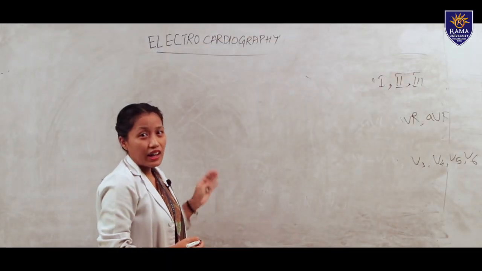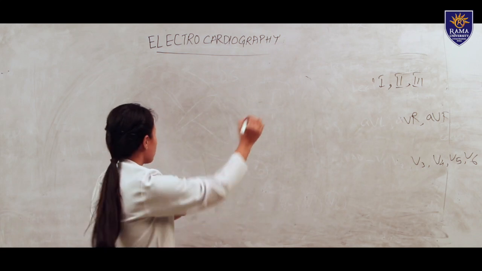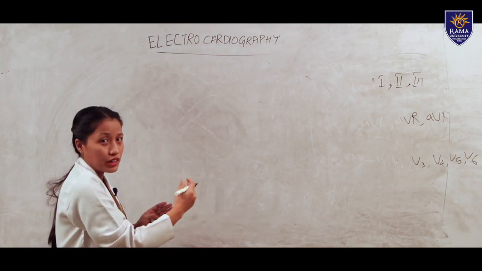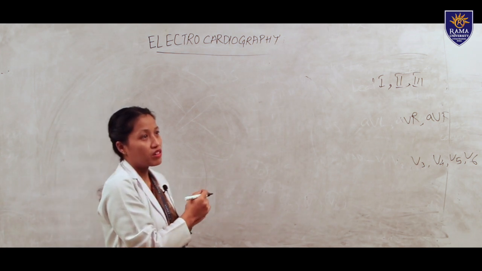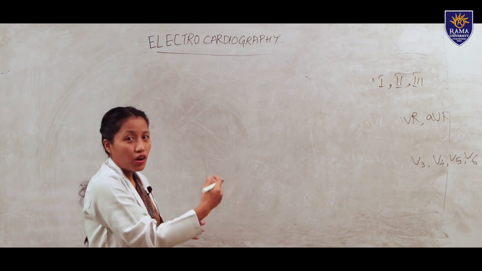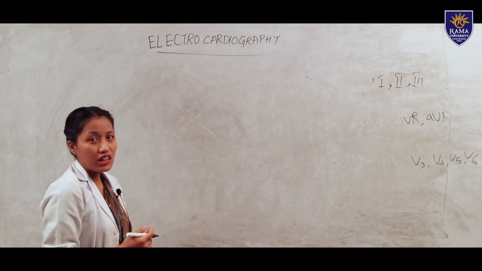Next we will see the electrical activity of the heart, and how it is related to vector production. That vector is known as the cardiac vector, and we will see how this cardiac vector changes into the ECG patterns.